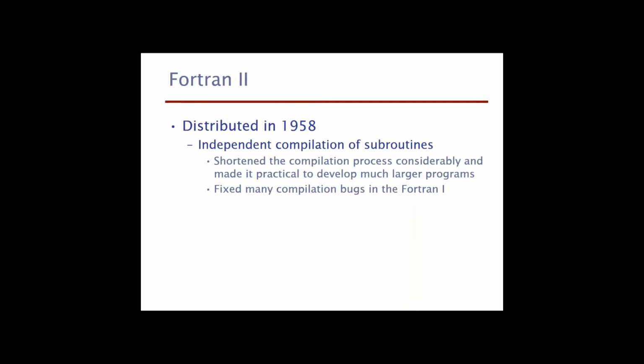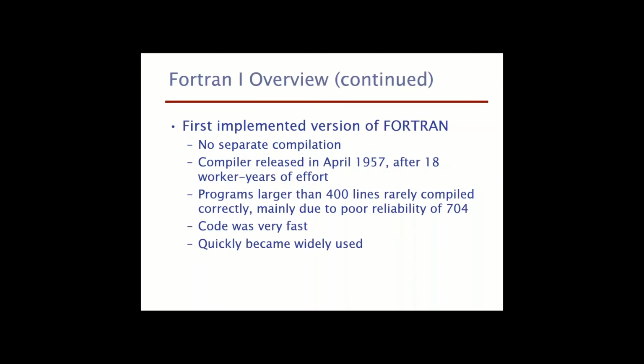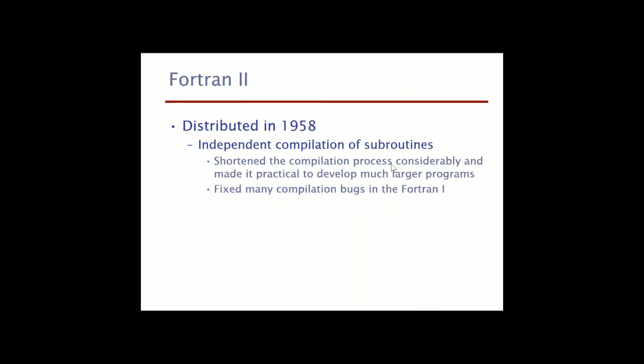Now instead of recompiling the whole program, you could just compile a few subroutines to be added. That helped in enlarging the possibility of programs. That means before we were limited to less than 400 lines or so. Now it became much more than that, thanks to the addition of subroutine compilation.